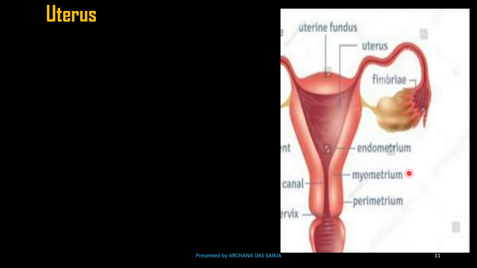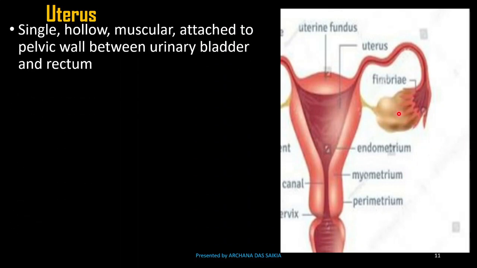Uterus. Now the uterus is a bag-like, tiny structure located in the central part of the lower abdomen. On either side, as we have been talking about, are located the ovary and the oviduct. It is single, hollow, muscular, attached to the pelvic wall between the urinary bladder and rectum.